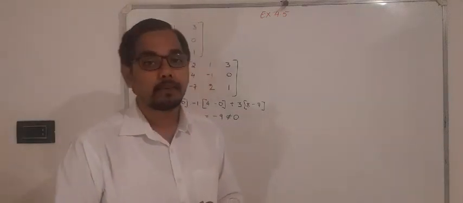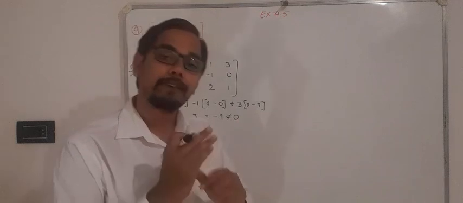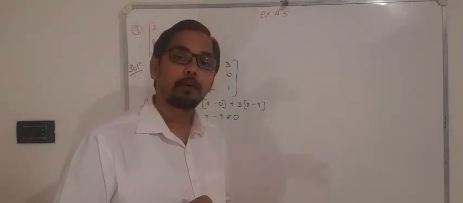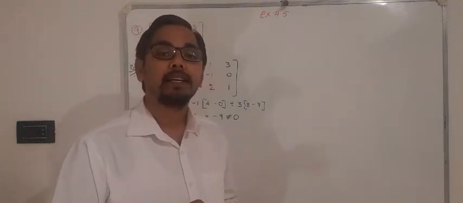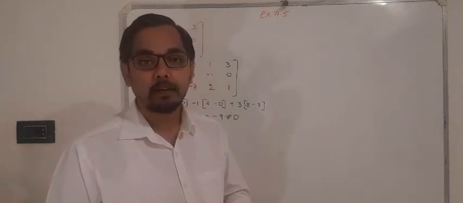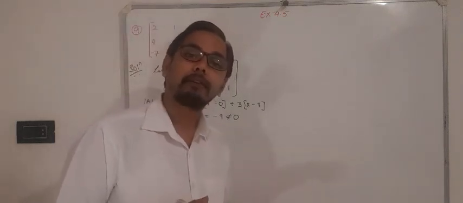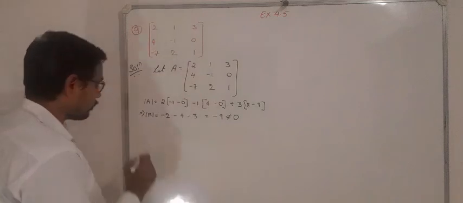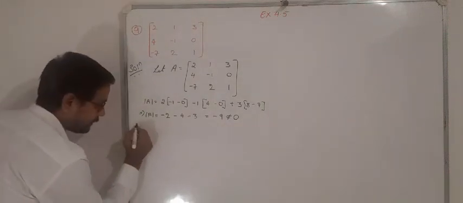What else do we need to calculate? The minors as well as the cofactors, right? Once we have calculated the minors and then the cofactors, we can easily find the adjoint. Once the adjoint is there, then directly we can find A inverse, right? So, minors.